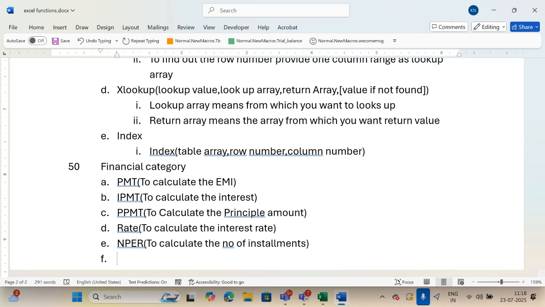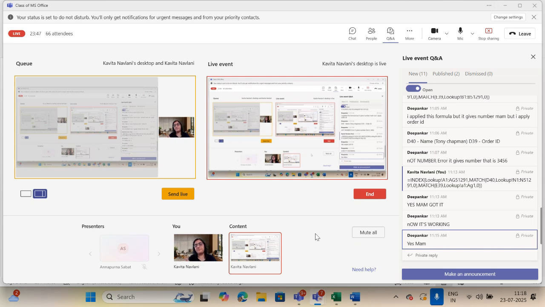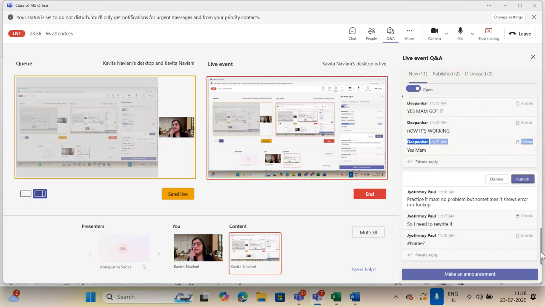Okay. So first we will check these functions, then we will check the other functions. Then PV, FV, so many functions are there. First, we are going to learn the PMT, IPMT, PPMT, interest rate. Anybody who doesn't have the knowledge of the EMI, like what is EMI, what is the rate, what is the principal?